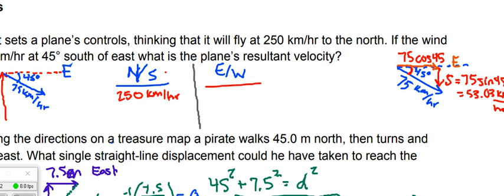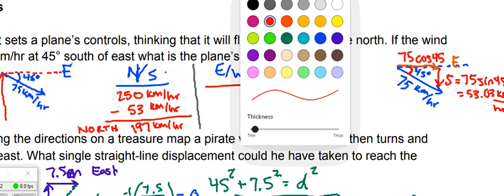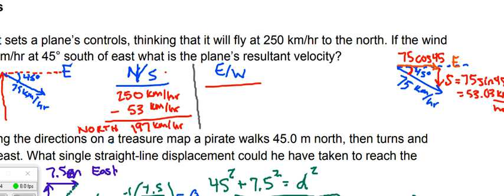All right. And that is pointing south. So that is negative 53 kilometers per hour. Blowing in the face. Which leaves us with 197 kilometers per hour towards the north. And the east component, remember I said that 75 cosine 45 is the same, so it's 53 kilometers per hour.